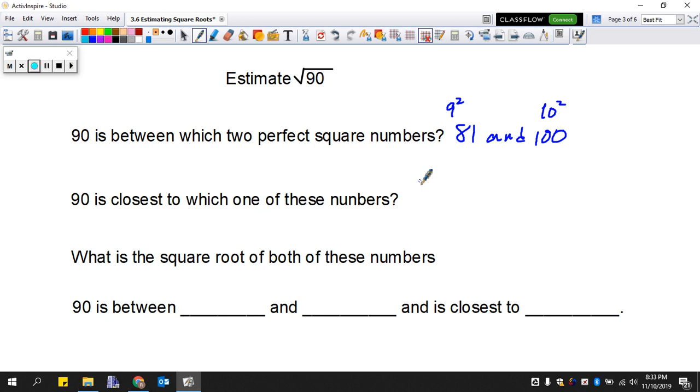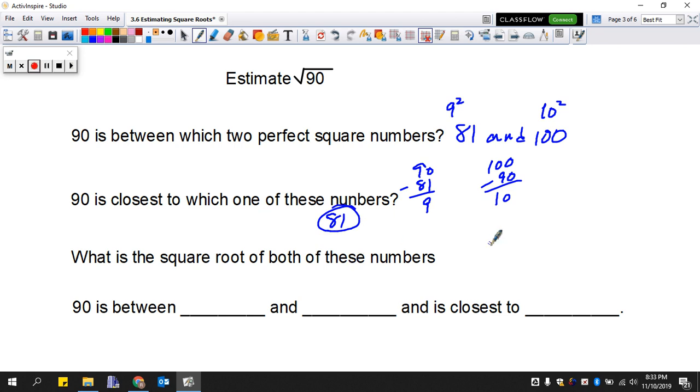Which one is it closest to? 90 minus 81 is 9, and 100 minus 90 is 10. So it's really close between the two, but it's closer to 81.